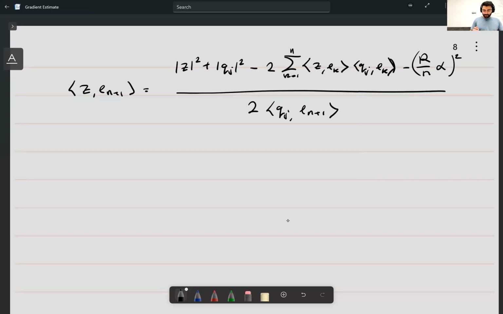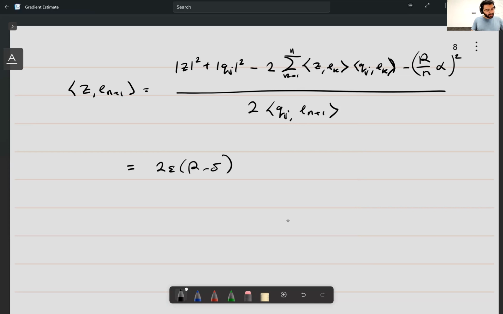Okay, so then, well, Z squared, the length of Z, that's equal to 2 epsilon r minus delta, right?